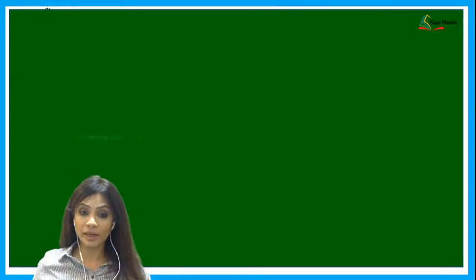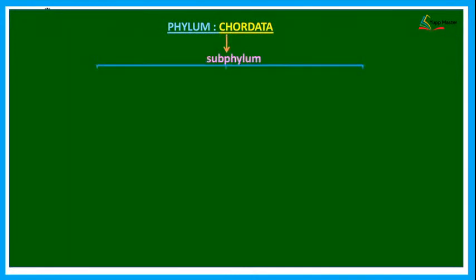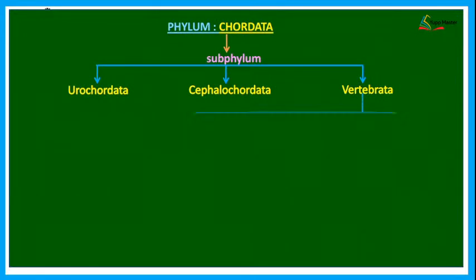Now what we see here is a proper flow chart of phylum Chordata. We begin with phylum Chordata. The subphylum would be either Urochordata, or Cephalochordata, or Vertebrata. So three subphyla.